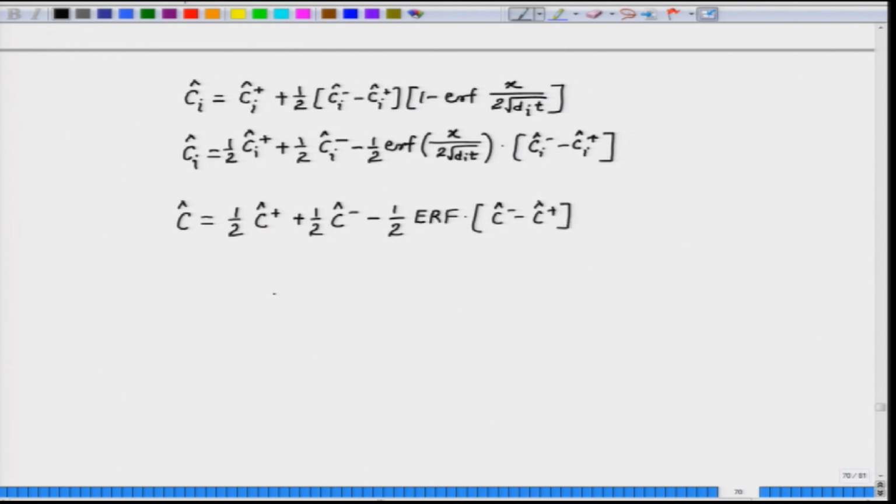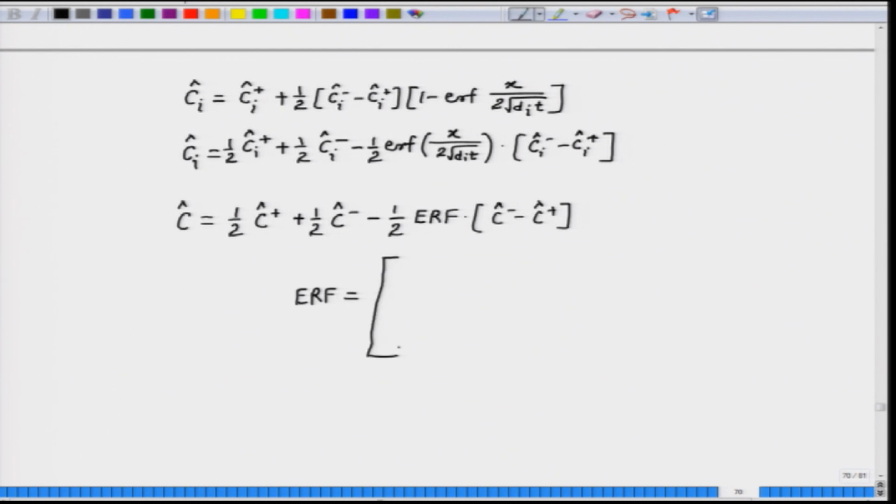This ERF is nothing but a diagonal matrix defined by arranging the error function terms. You see the error functions are appearing in the solution for Ci cap. These error function terms for different components are arranged along the diagonal of this matrix.